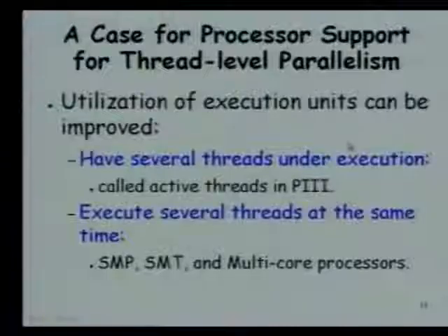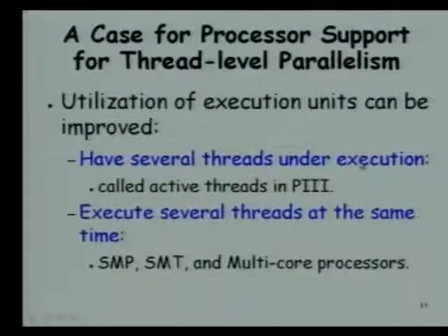So, threading can help improve the performance to a great extent, but we are not saying here that threading can be achieved only using multi-core processors. We are not saying that. Threading has been used, and is still being used, in single core processors also. We will see first how, in a symmetric multiprocessor, in a simultaneously multi-threaded processor called a hyper-threaded processor, multiple threads are under execution in a single processor.